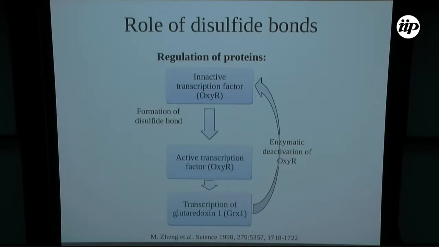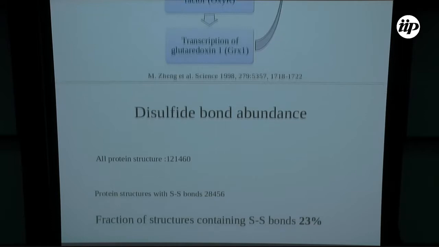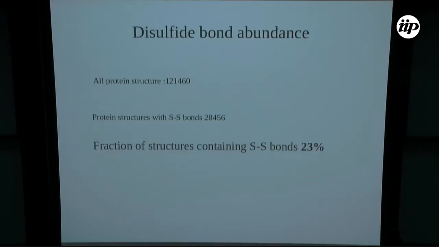So bearing that in mind, we have to remember that dynamic changes of disulfide bonds are essential for the functioning of many proteins. So how frequently should we take care of disulfide bonds? How abundant are disulfide bonds in proteins? We have about 100,000 structures, and 28,000 structures contain disulfide bonds.